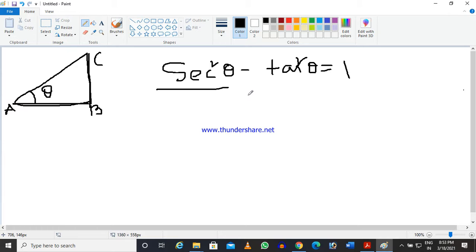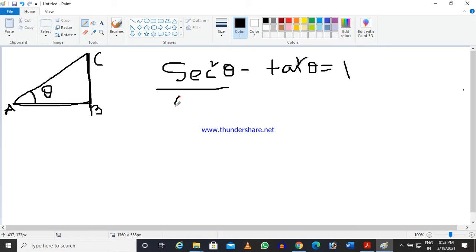So cos theta is equal to BC by AC. So sec theta is equal to AC by BC. Similarly, you have to put the value of tan theta and its square, and then from the Pythagoras theorem you substitute it and try to prove that the value is equal to 1.